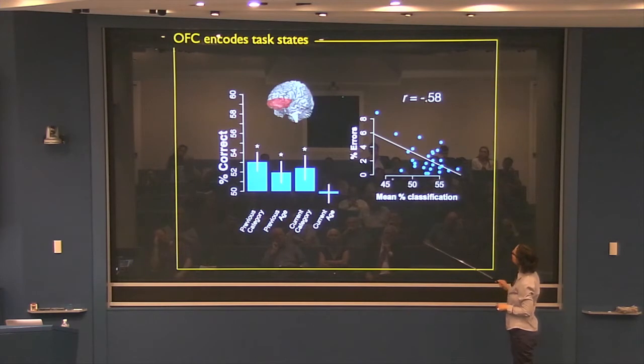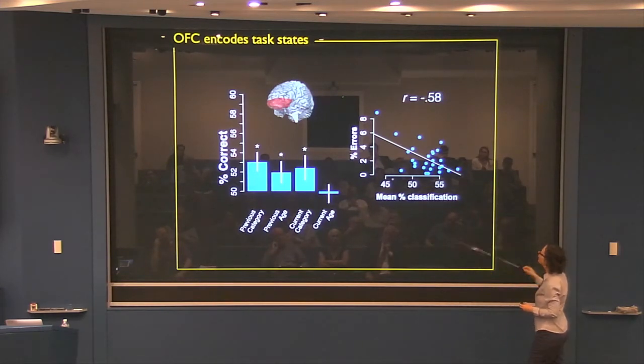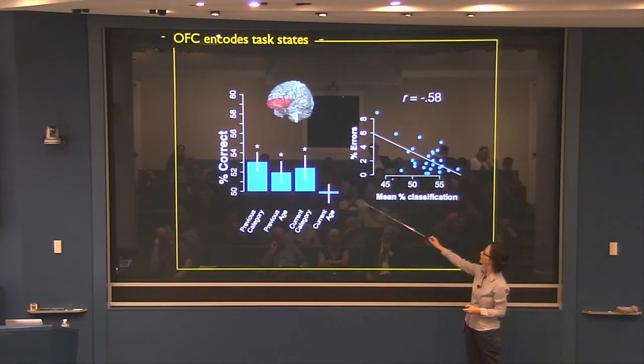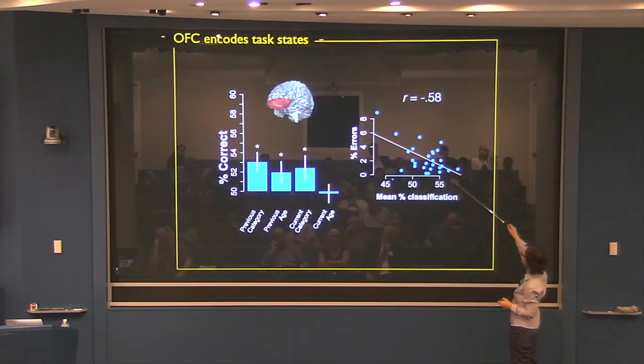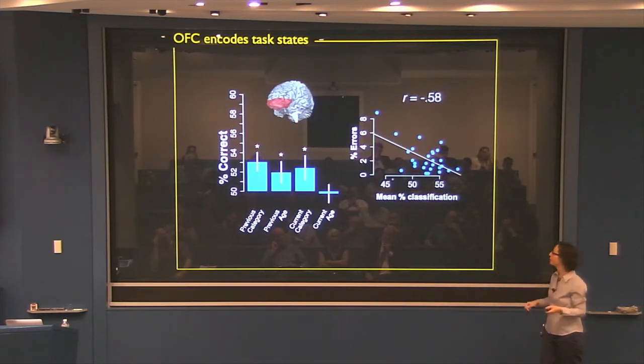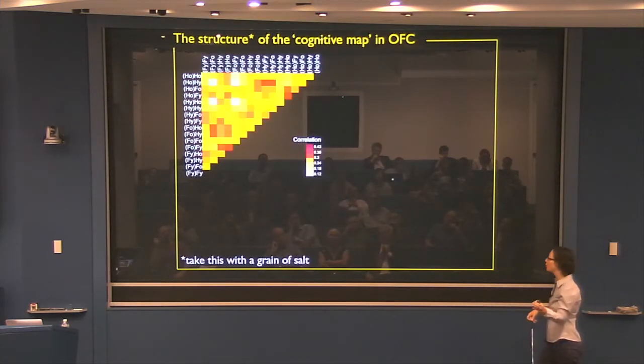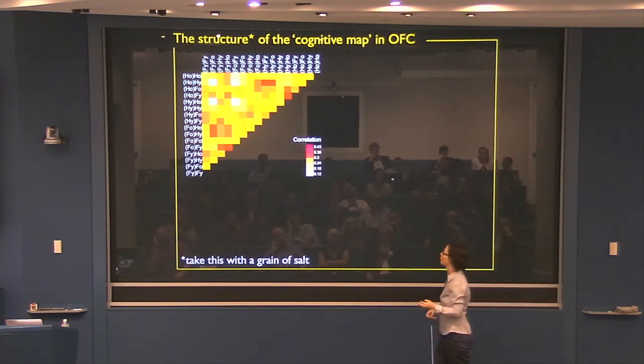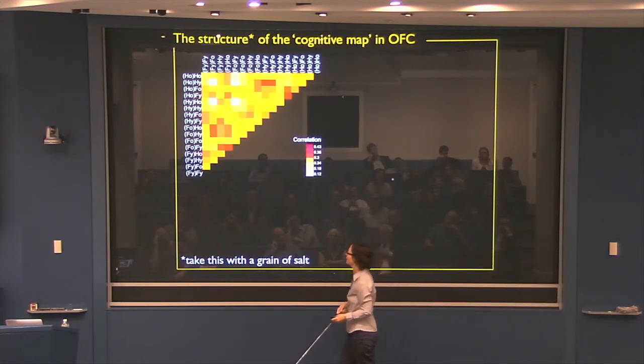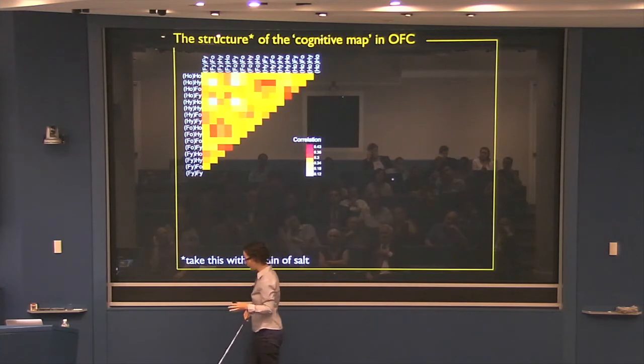And this representation seems to be related to behavior, in that the better we can classify the states in the orbitofrontal cortex, so the higher the classification here, the fewer errors the subjects are showing overall. But as I said, I'll show you something a little bit better. So let's say we believe the orbitofrontal cortex encodes these states, even though our decoding is not that great.